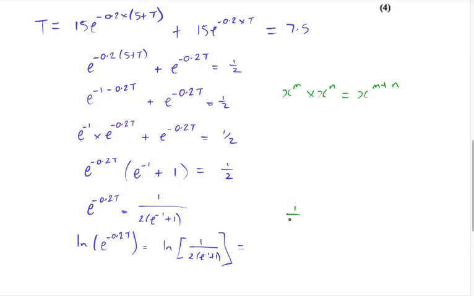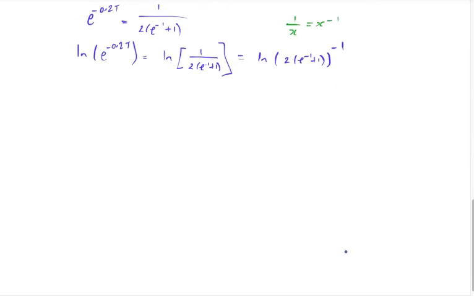Remember, 1 over x equals x to the minus 1, and if we treat this whole thing as one term, we can bring it to the top to get ln of 2 times e to the minus 1 plus 1, all to the power of minus 1. Remember, in the rules of logs, that states ln x to the k, where we can bring the k down to the front to equal k ln x.